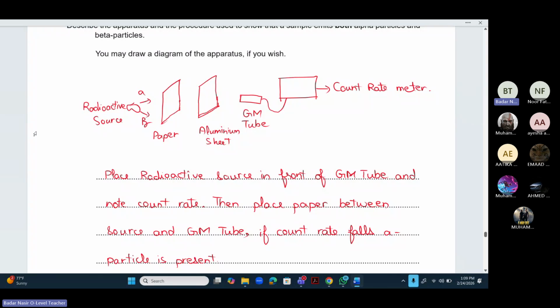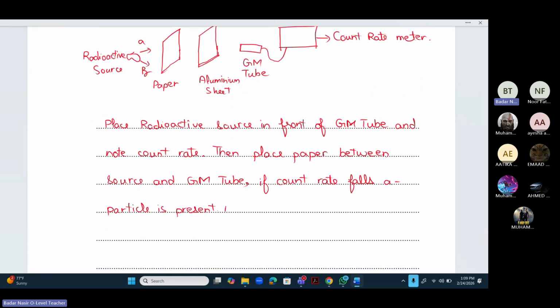Now place aluminium sheet between source and GM tube. Okay? Along with paper.